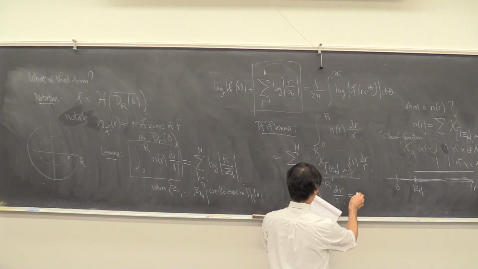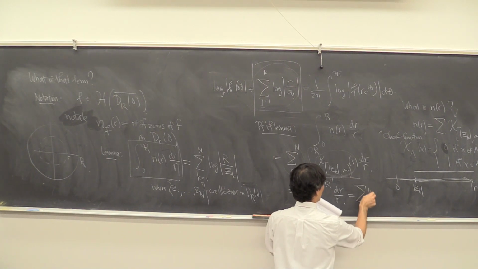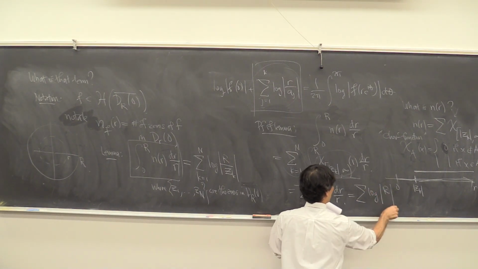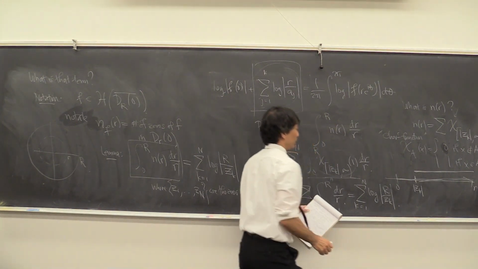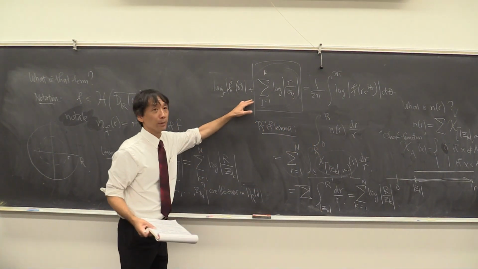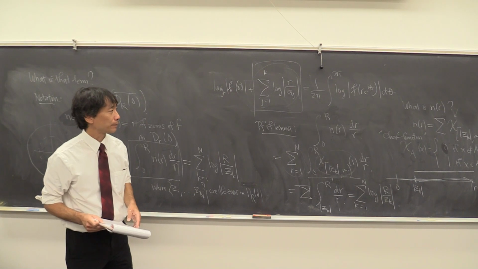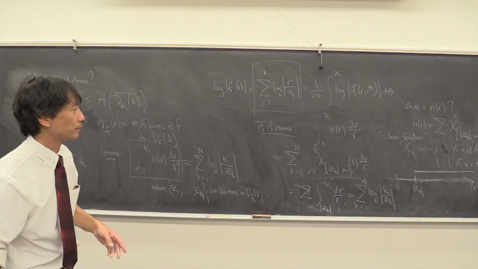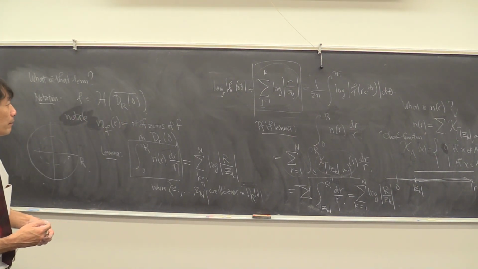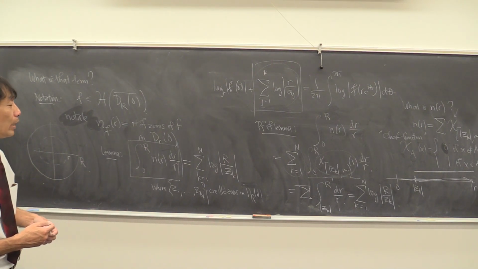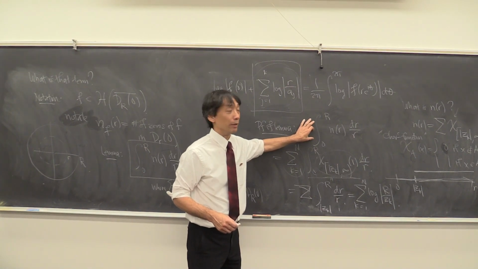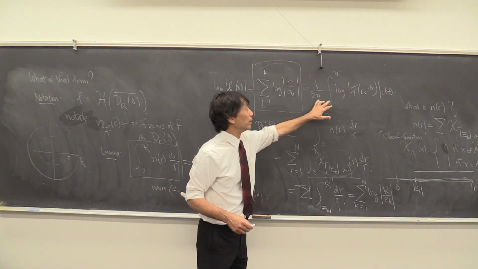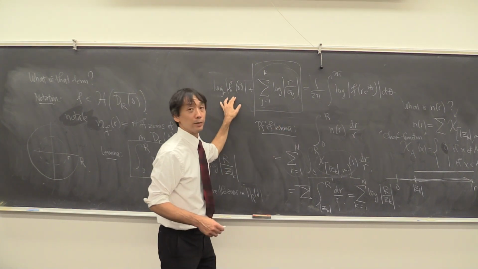But that's, of course, the summation of log of r over zk, which is that term. So this thing basically measures how much bigger this term is than this term.